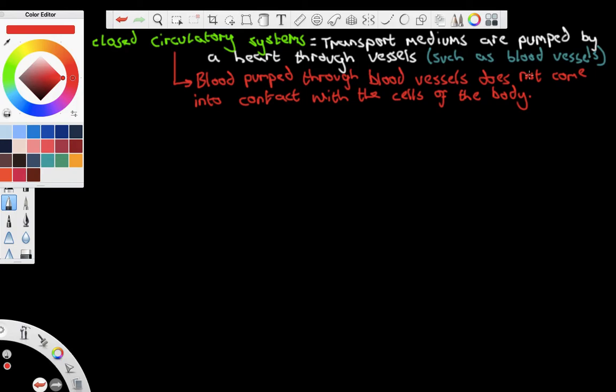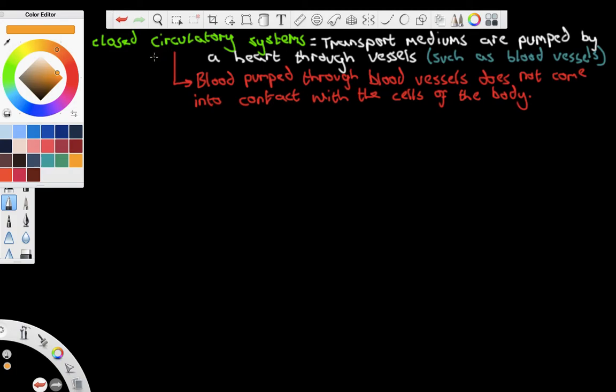Okay? Now, in a closed circulatory system, blood is pumped around the organism under high pressure. And blood can be directed to specific parts. It can be directed to areas of the organism that need it the most.